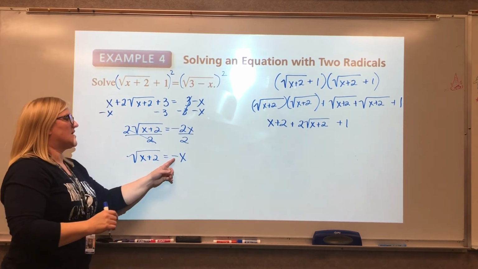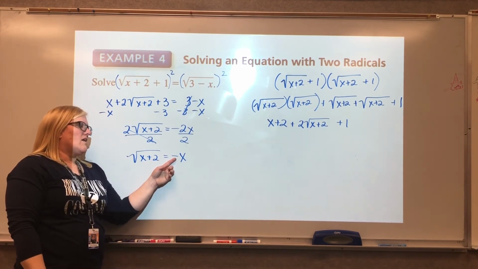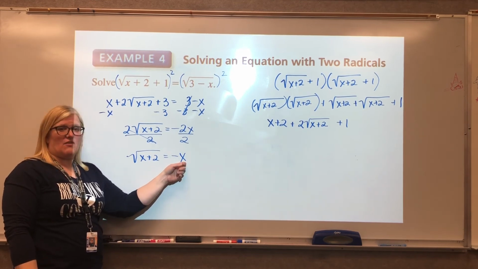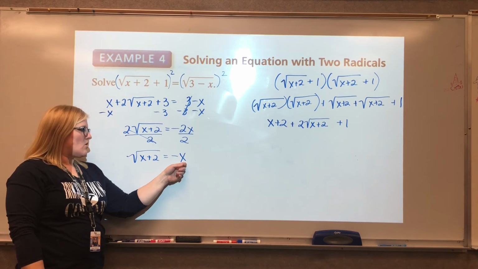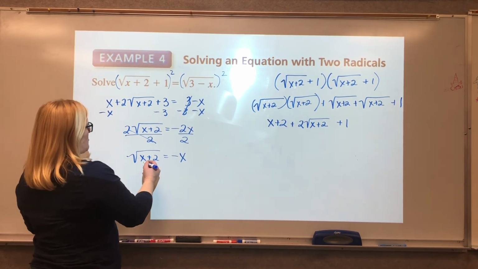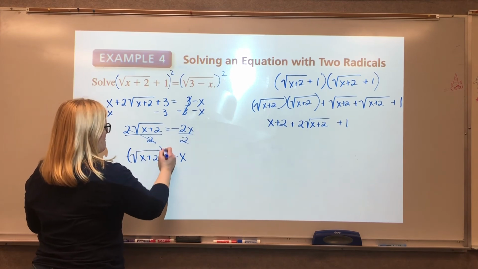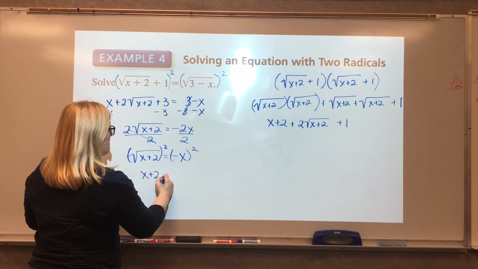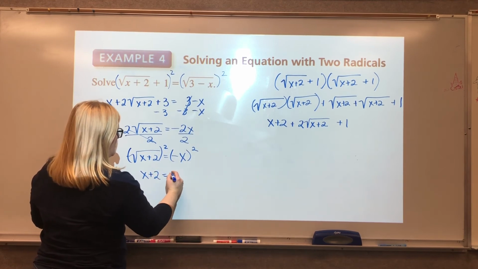Now, you could be looking at this going, well, that's negative, so it's not going to have a real solution. The thing is, x itself could be negative. So let's square both sides. So we have x plus 2 equals x squared.